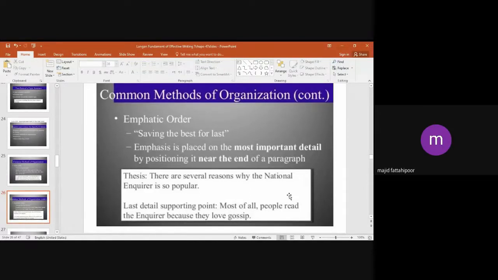From the capitalization and from the context, we can understand that this is perhaps a local newspaper which publishes stories, even gossip, about people, celebrities and so on. So why do people like this? There are several reasons. The last one is that people love gossip. Many people love gossip.